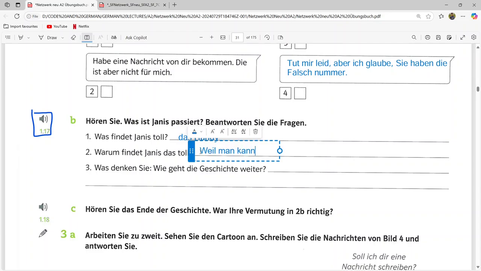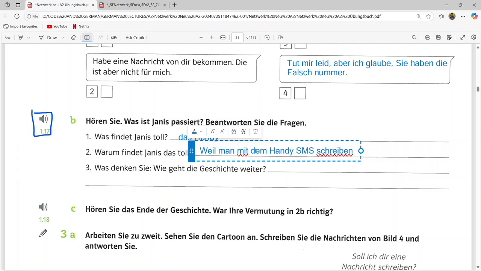Man kann mit dem Handy Nachrichten oder SMS schreiben. Okay. So this can will be at the very end because I used while.